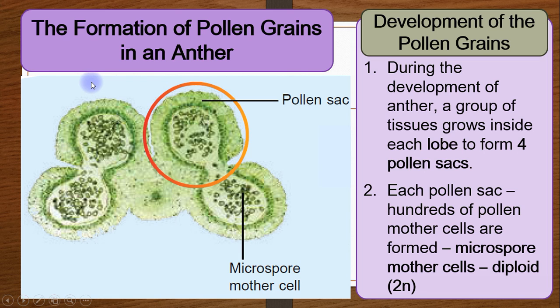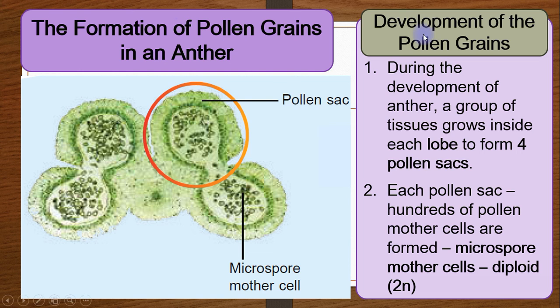Okay, so now we go to the discussion on the formation of the pollen grains in an anther. Do you still remember what an anther is? Anther is a part of the stamen. What is the function of the anther? The function of the anther is to produce pollen grains.